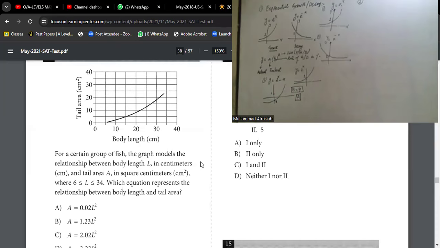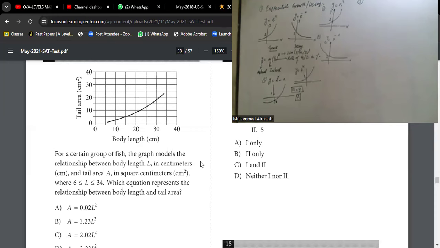For a certain group of fish, the graph models the relationship between the body length L in centimeters and tail area A in square centimeters, for L greater than or equal to 6 and less than or equal to 34.